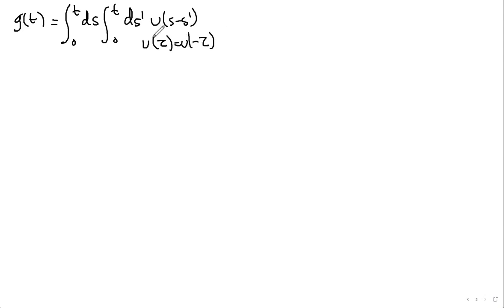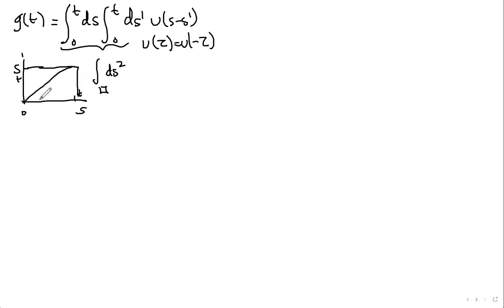So this integral is done over s and s prime, s goes from 0 to t, and s prime goes from 0 to t. So in the end, I'm doing an integral over a square. It's a surface, an integral over this surface. But because of this symmetry, I can reduce this integral to the rectangle.